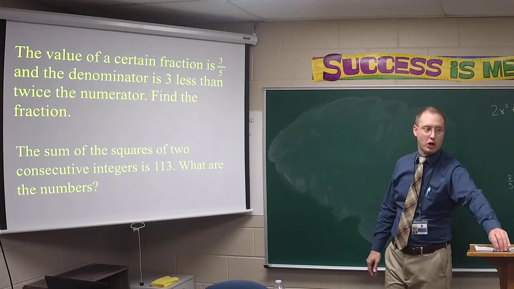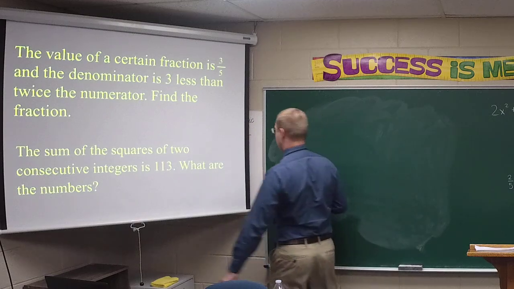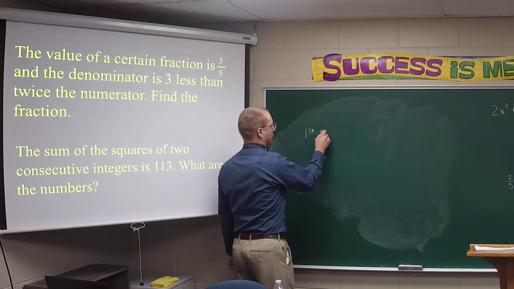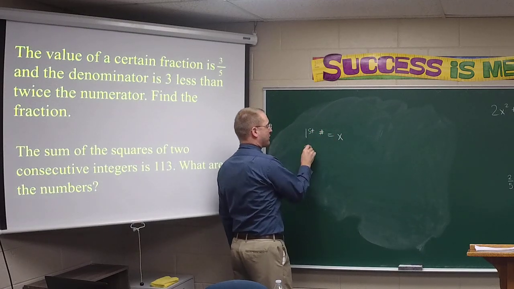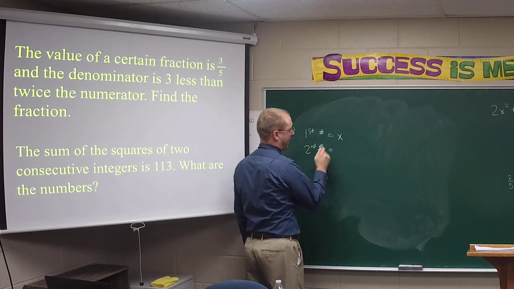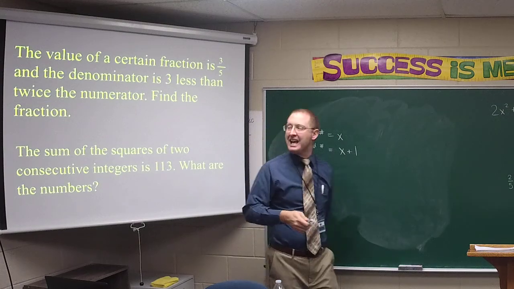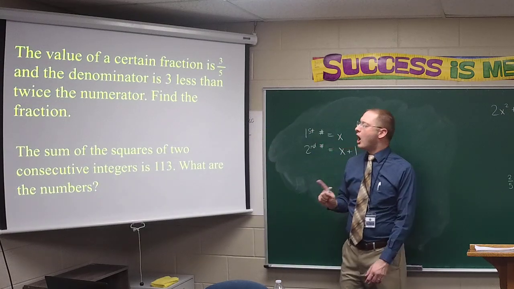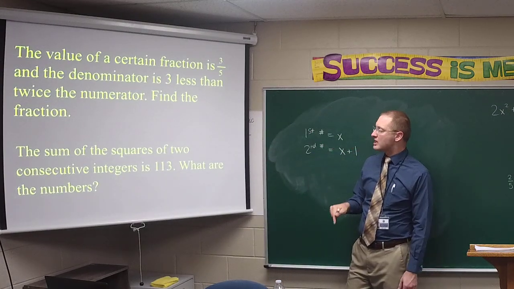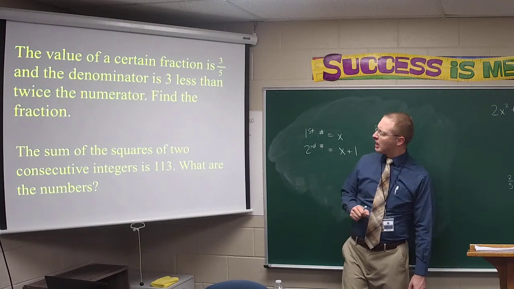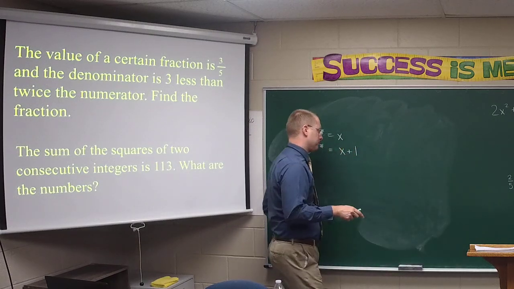So my first integer, Abby, should just be x. First number, x. What about the next consecutive integer, Abby? X plus 1. X plus 1, and that's all I need. I only need 2 of them, right? X and x plus 1. And it says that the sum of the squares is 113. How would I represent that?